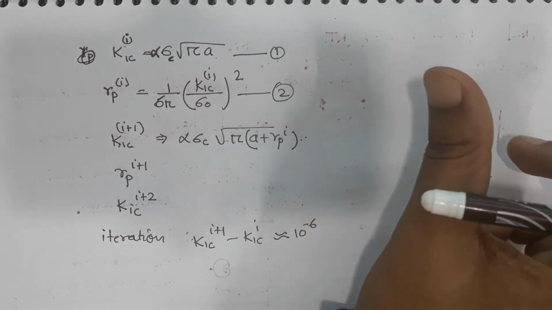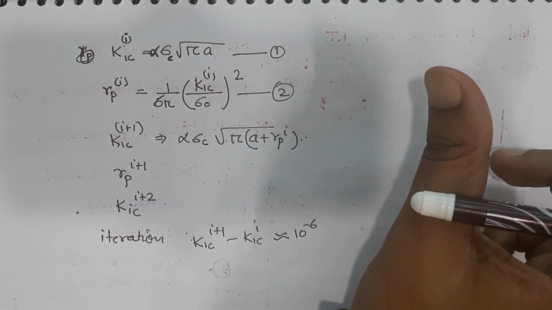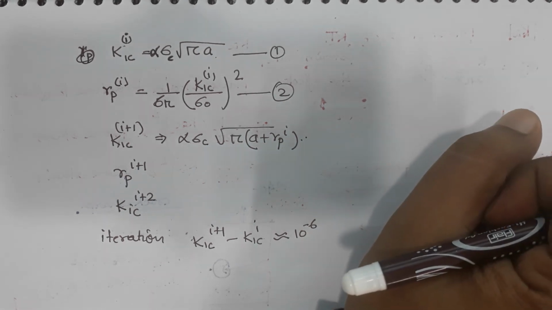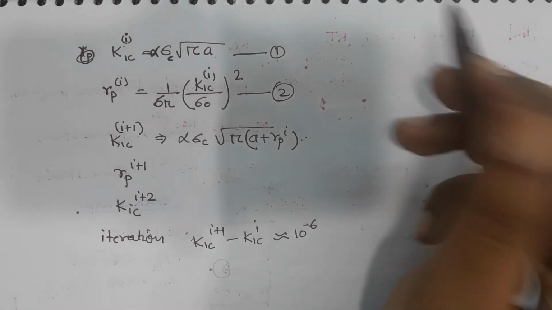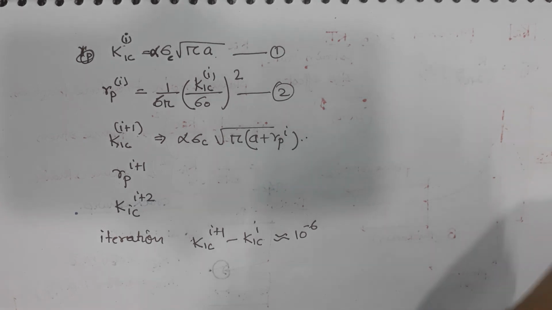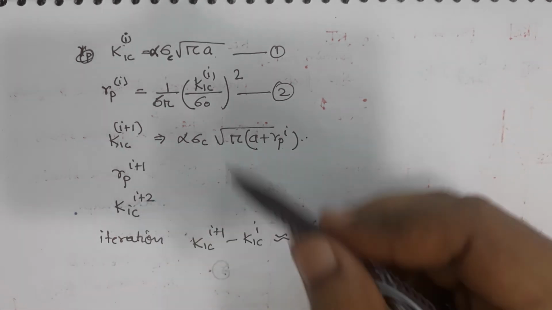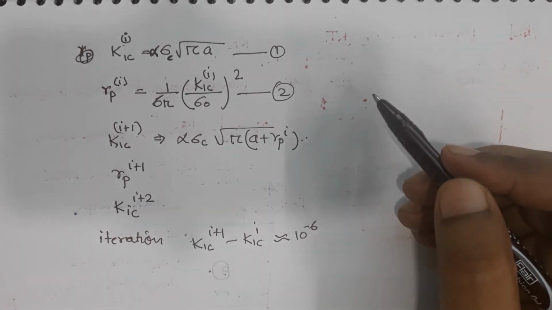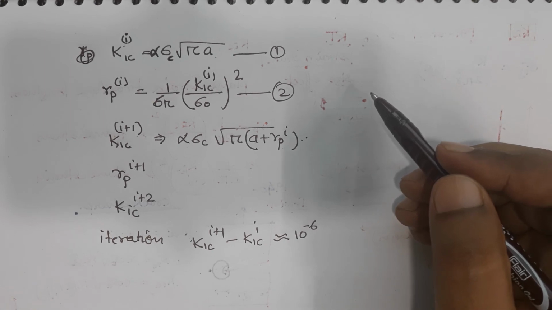So, how can we avoid the disturbances coming because of the plastic deformation and still use the theory of elasticity? If my plastic zone is considerably small, we can play around and do this so that we can find out the fracture toughness.